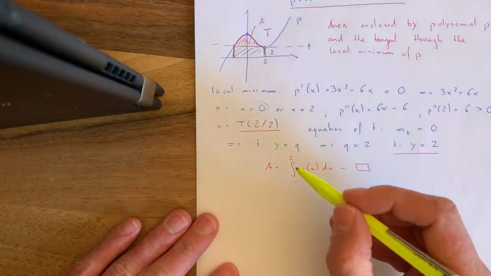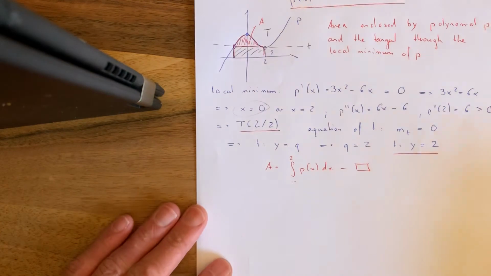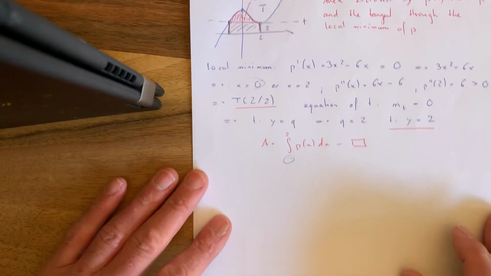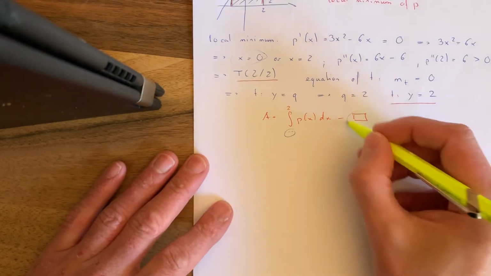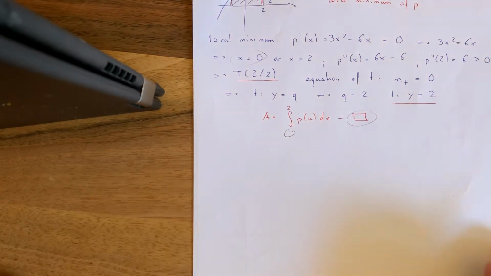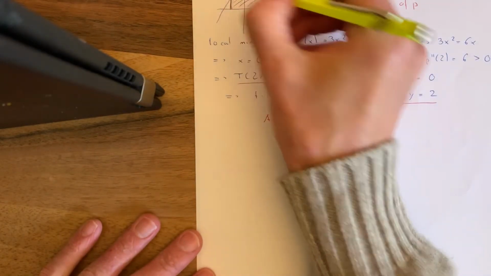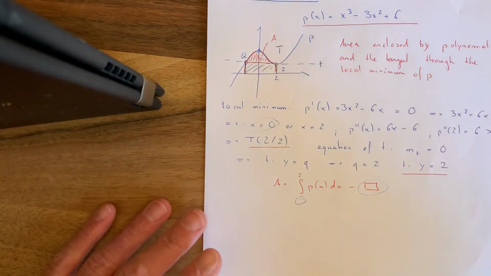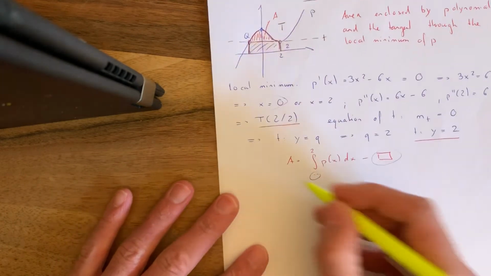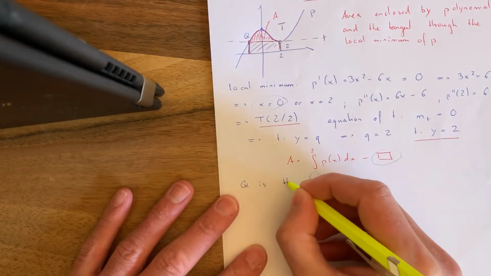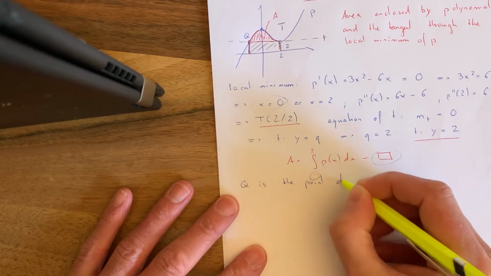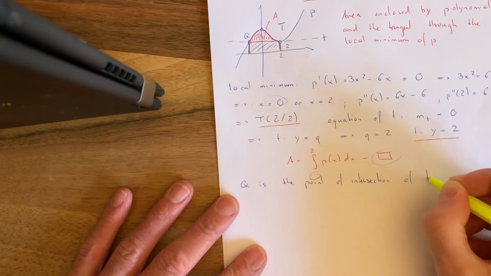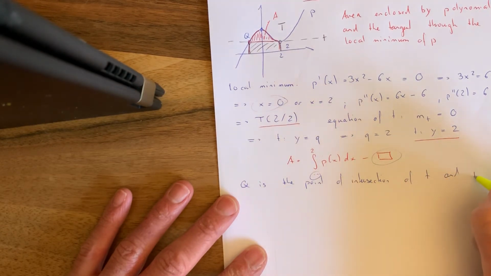The only thing that is missing is this point here, not only in order to get this number, but also in order to be able to calculate the size of the rectangle. So let's call that point Q. How are we going to calculate point Q? Well, that's not difficult. Point Q is the point of intersection of the tangent T and the polynomial P.